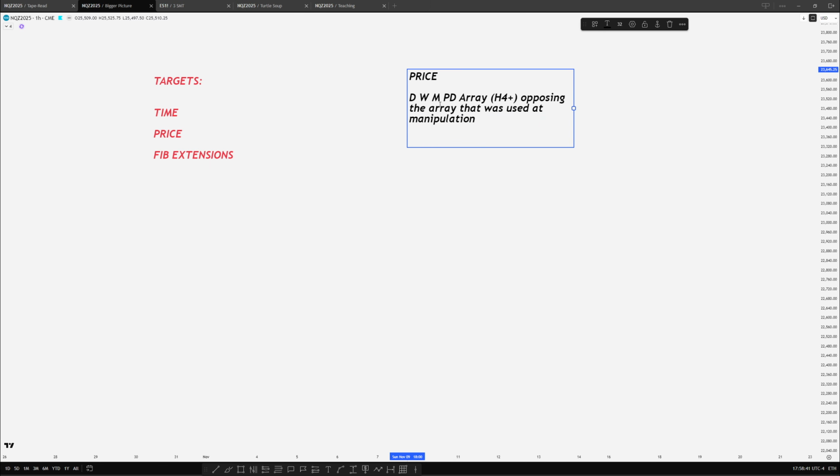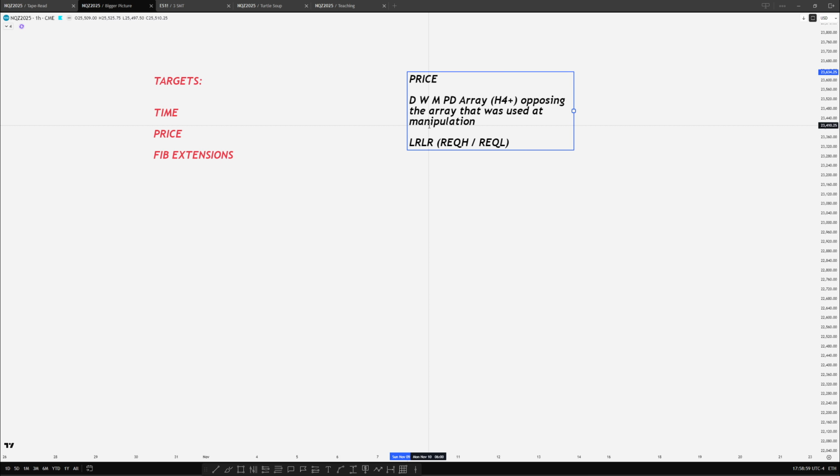So if we dropped into an IRL, you look for an ERL and vice versa. And preferably, like I said, it's going to be time-based. You're also looking for some sort of preferably LRLR, so relatively equal highs or lows to support your bias. That would be really for price.